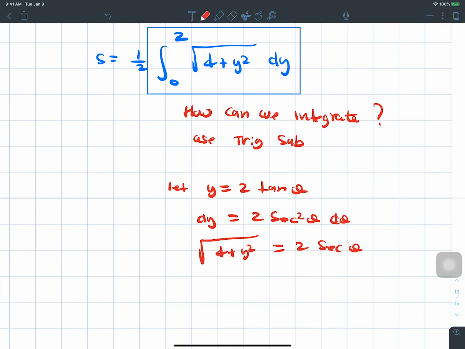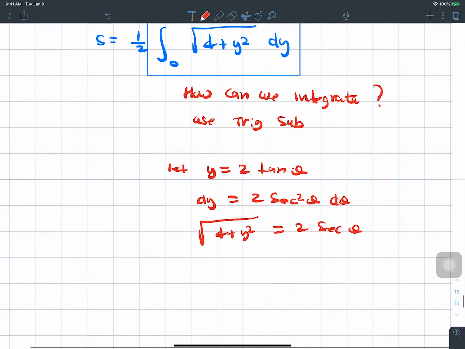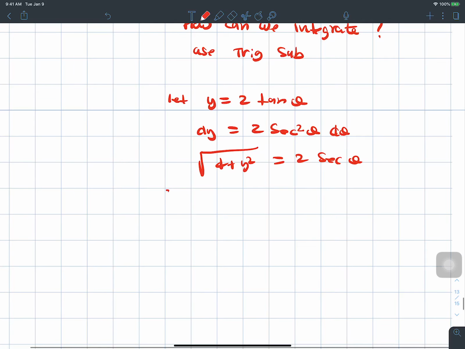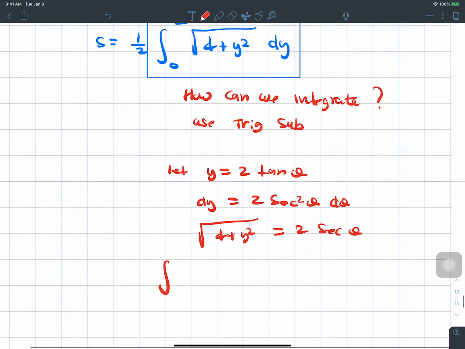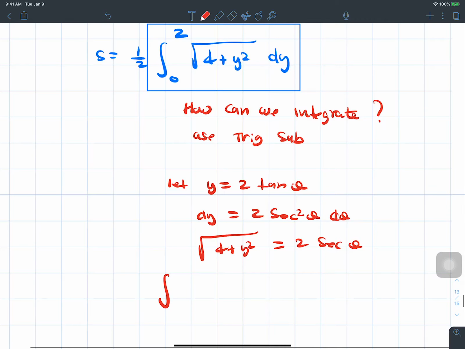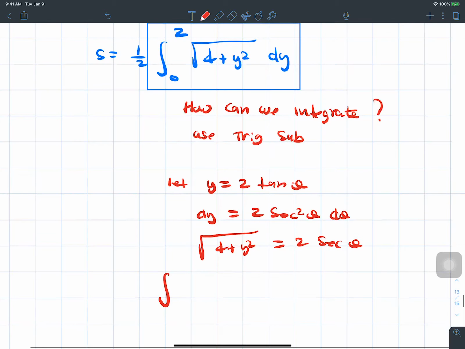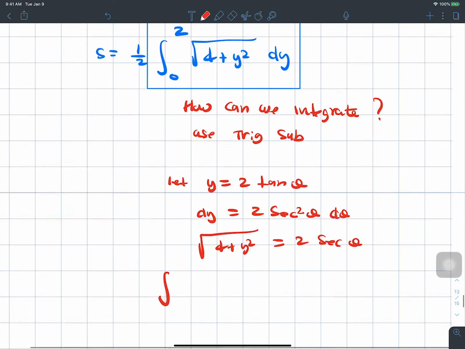So this is using trig sub for this integral. And I'll put it here in red so we know. And I'm not going to put my limits here. Okay, I could, but I'm going to leave them out for now.